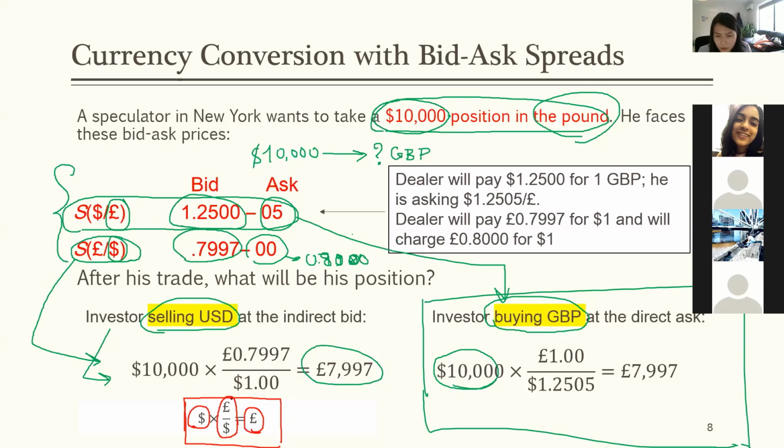This exchange rate is the pound over the USD. Why do I want to do that? That's because these two will cancel each other out so that I'm left with just the pounds. Yeah, got it. Thank you so much.